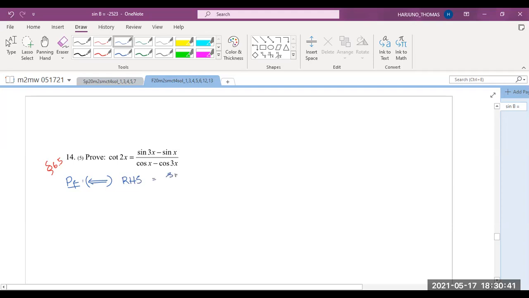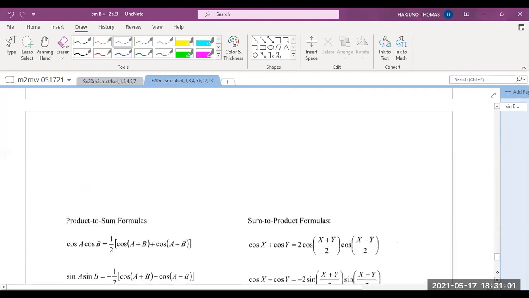I have sine 3x minus sine x over cosine x minus cosine 3x. We will learn this tomorrow in Tuesday, Thursday class, but we have the formula, so let's just use the formula.